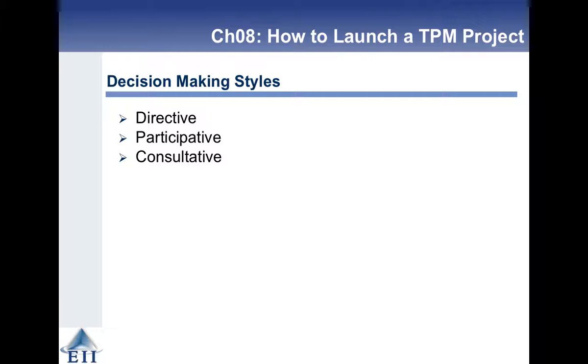There's directive, where the decision comes down from on high. There's participative, where a lot of people get involved in things. And there's consultative, where the higher-ups make the decision, but they consult with the experts on the area.